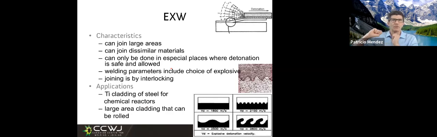So the explosion is confined under a mountain. I need very special permits to do this. And now when you talk about welding parameters, you don't talk anymore about like current and voltage, but you talk about what explosive you're using and how you're igniting it.